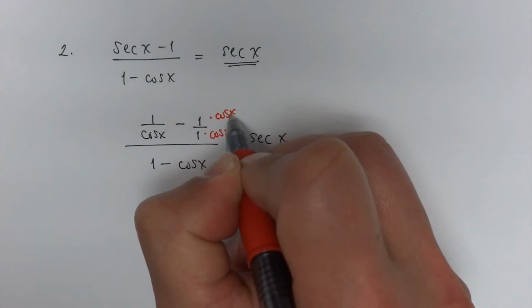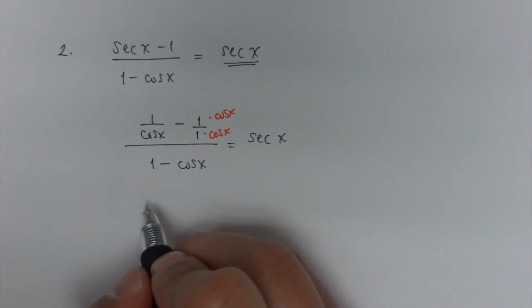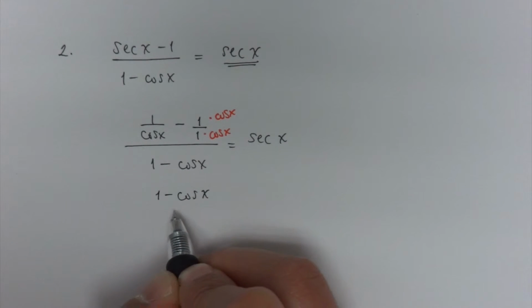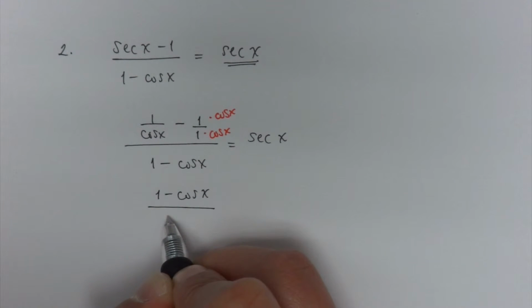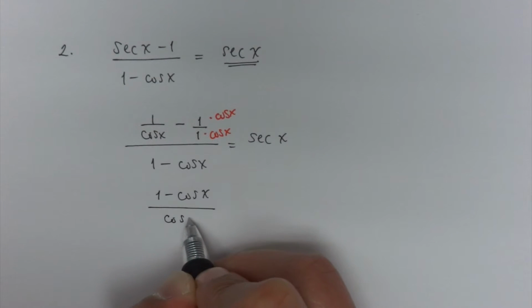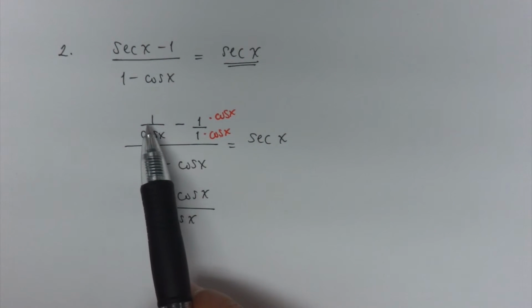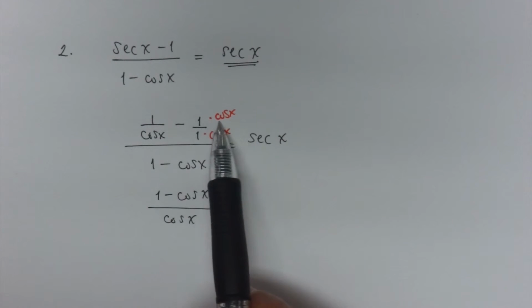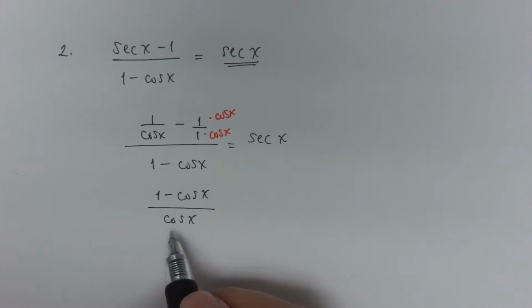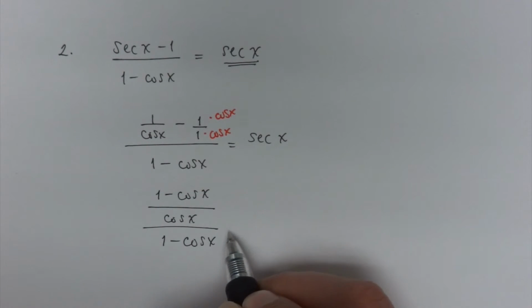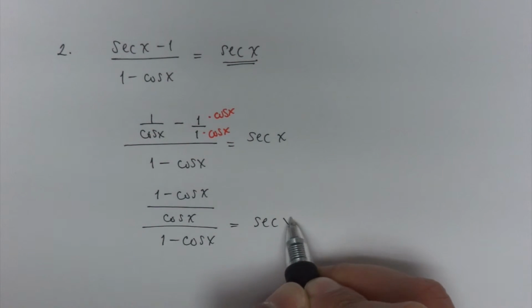So this becomes 1 minus cosine of x divided by cosine of x. Now notice, these have the same denominator now. This has 1 minus cosine of x, so I can put that together. All over 1 minus cosine of x. Set that equal to secant x.